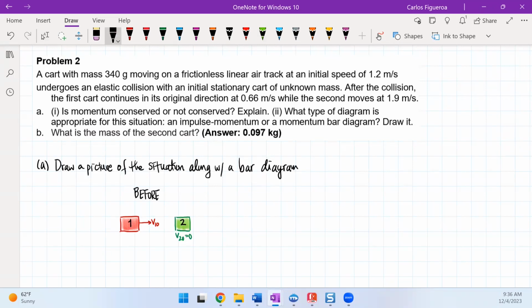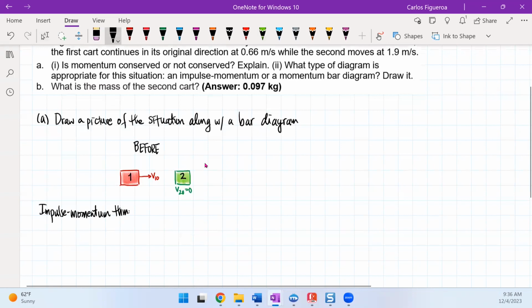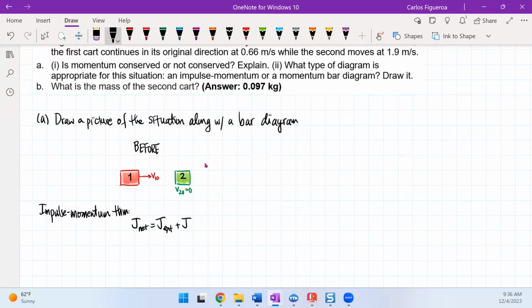Now, what we know about the impulse momentum theorem is that if there's an impulse, and when we talk about the net impulse, it's the impulse due to the external plus the impulse due to the internal, that this has the ability to change the momentum.